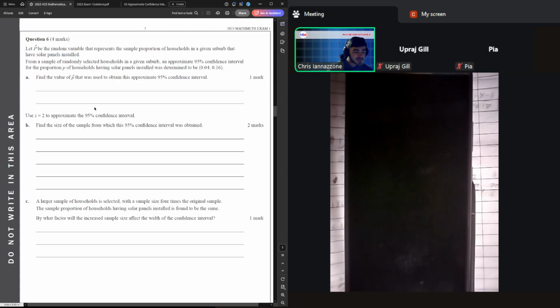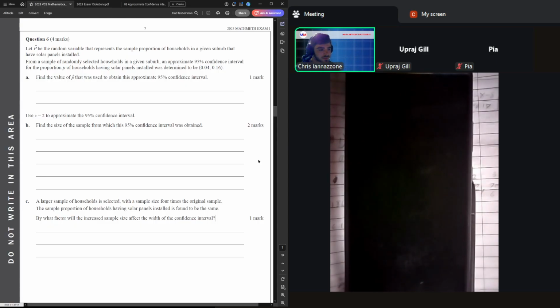Part C is in my notes. I did talk about it as a theme that comes up somewhat often, oddly enough, where there's no formula or calculation for it necessarily, but they'll just get you to try and interpret what happens as you change things. That's what this question's all about. So it's still confidence intervals, so you know that using stuff from the confidence interval equation would be appropriate.